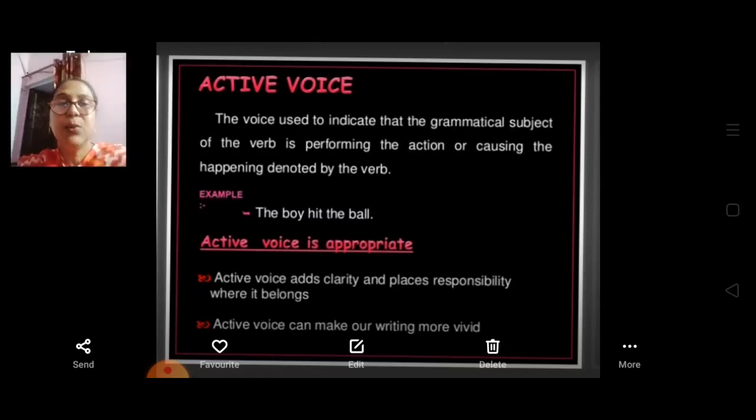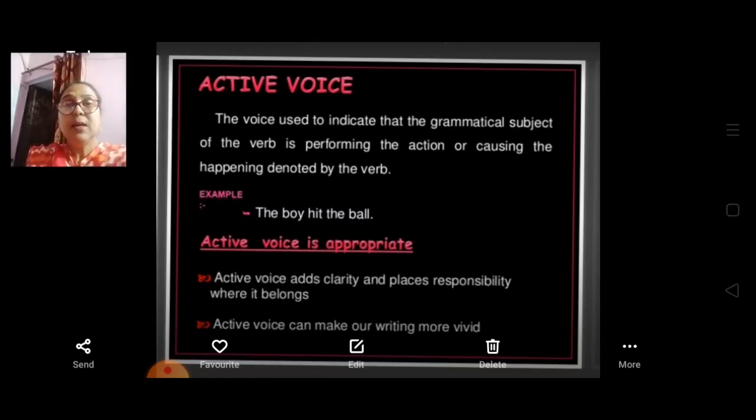sentence you can see, the boy hit the ball. Who hit the ball? The boy. The boy is here a doer, or you can say a subject. Hit is a verb, because he is hitting the ball; that is the action. And the ball: what did the boy hit? He hit the ball.